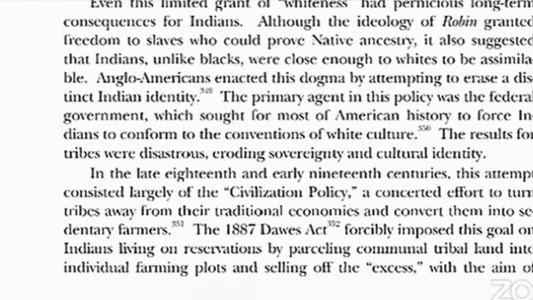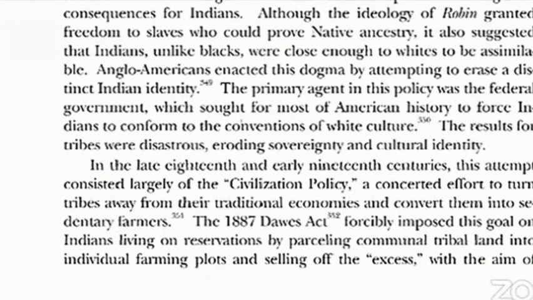In the late 18th and early 19th centuries, this attempt consisted largely of the civilization policy, a concerted effort to turn tribes away from their traditional economies and convert them into sedentary farmers. The 1887 Dawes Act forcibly imposed this goal on Indians living on reservations. We got a little bit of the Dawes Act before.